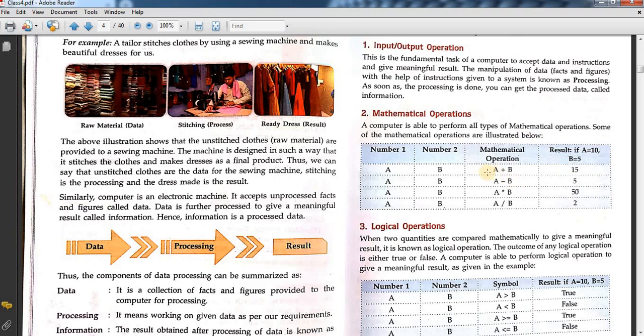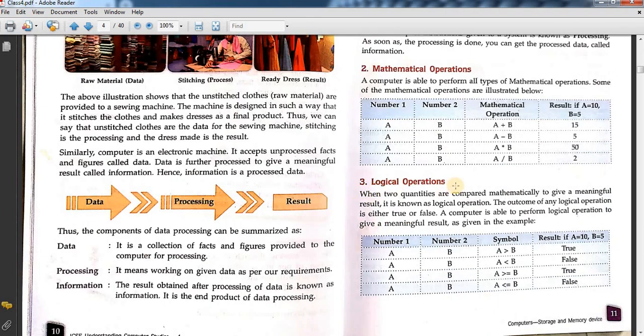If you want to subtract the two numbers, the operation will be a minus b. Next one is product. If you want to multiply two numbers, you write A into B. This way you can do various mathematical operations.